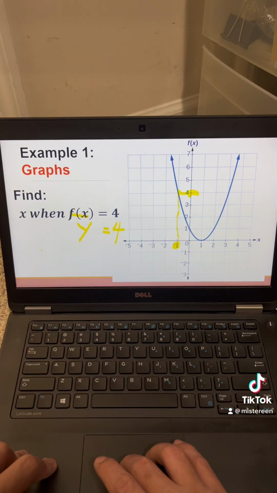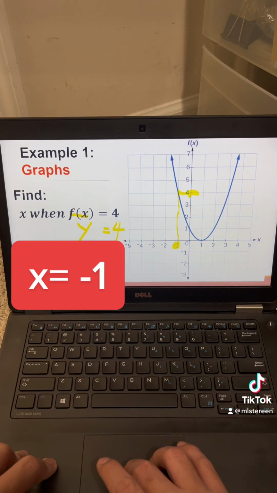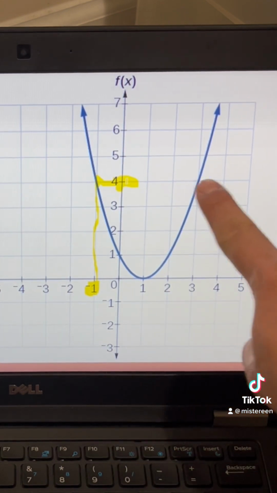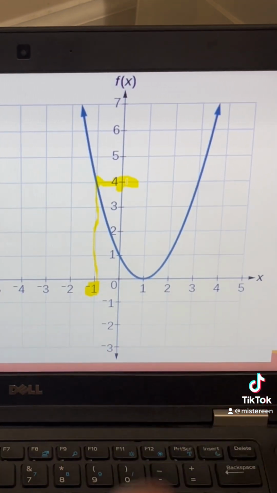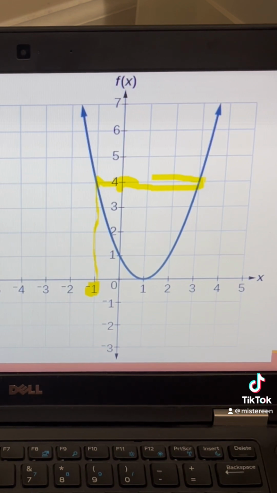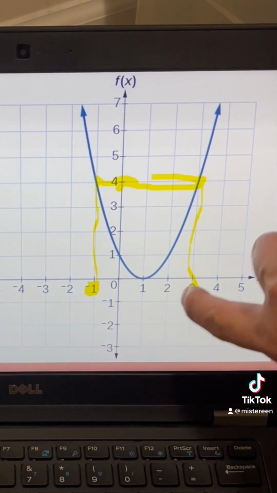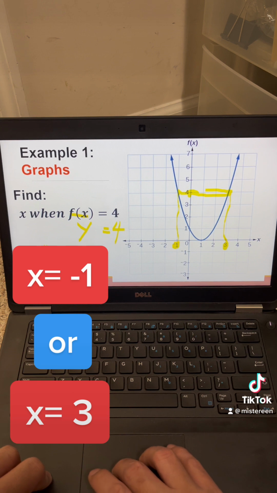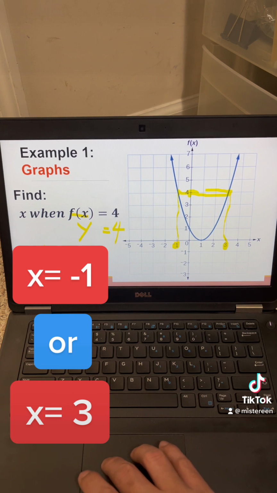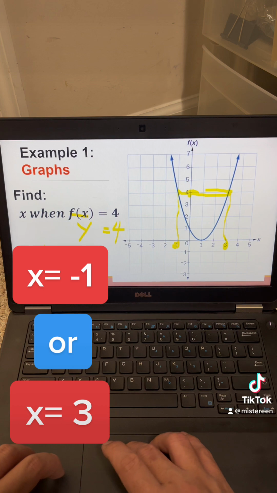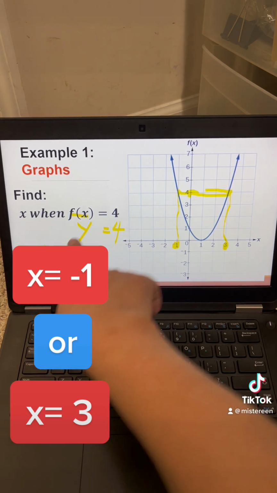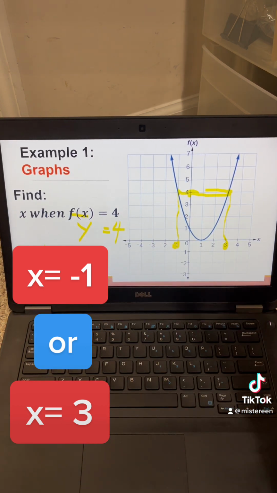But there's still another part of the graph right down here, so we have a second answer: when y is 4, x can also be 3. So we have two answers, -1 and a positive 3. Sometimes you can have two values of x for one value of y, sometimes not, but in this graph we have two values of x.